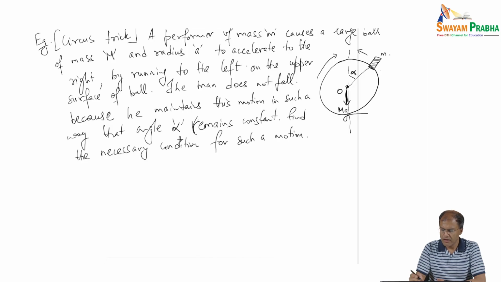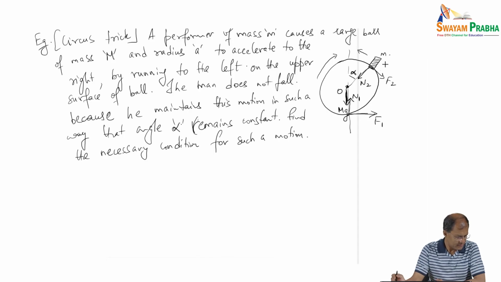Nothing is given. So we can assume the ball is slipping and it has some friction force, let us say F1, and of course there is a normal reaction of the ball N1 perpendicular to the ground, and then the man will exert a normal force N2, and since he is going to the left, it will have a slippage F2, right? So that is the ball-man system.